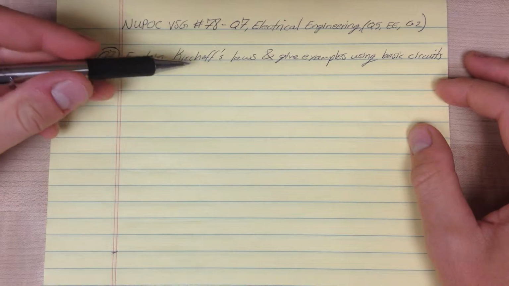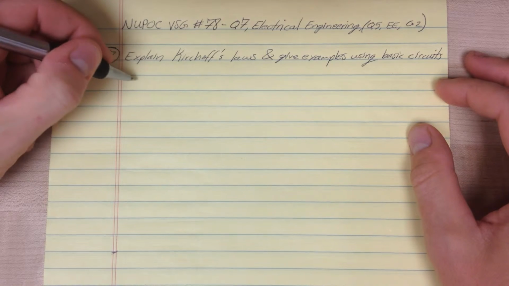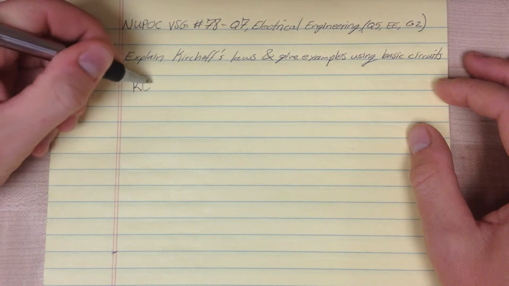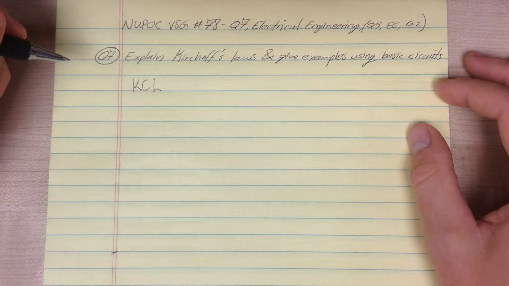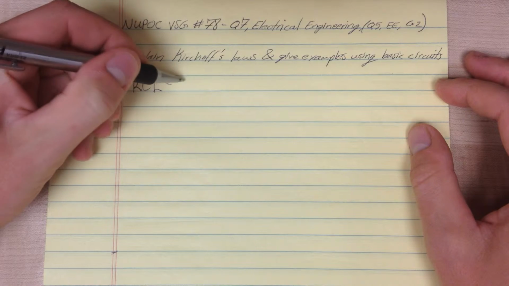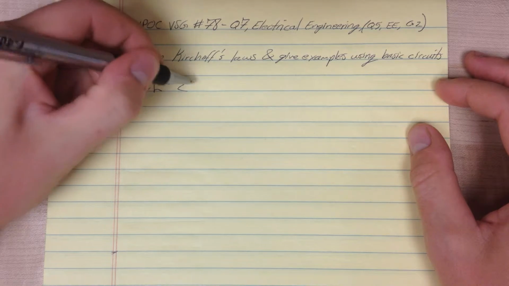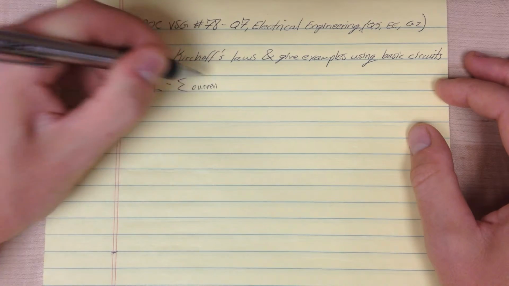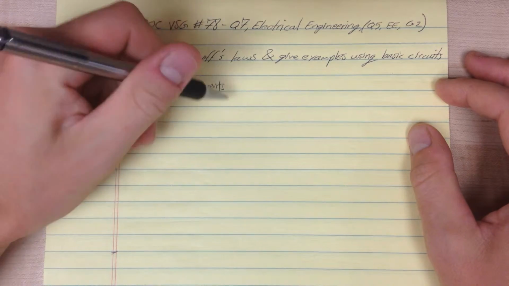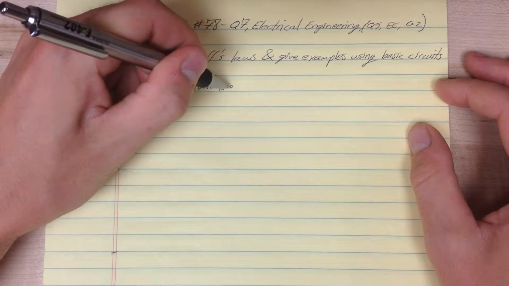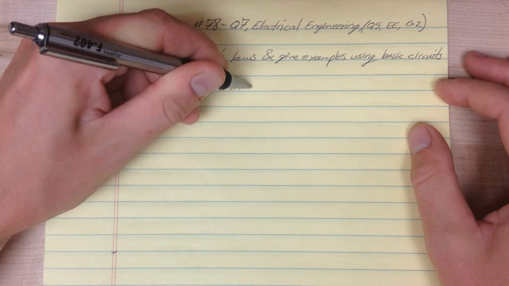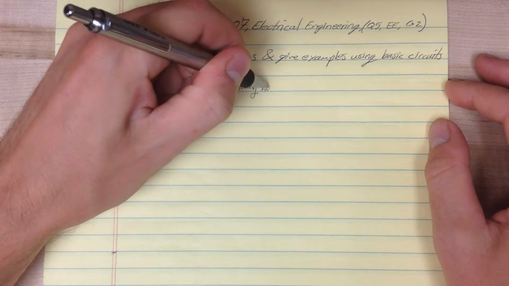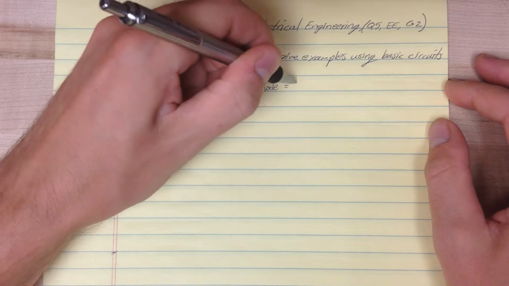So there are two of Kirchhoff's circuit laws, and the first is Kirchhoff's current law, or KCL. This basically says that the sum of the currents entering a node, or leaving, it depends on what convention you use, equals 0.